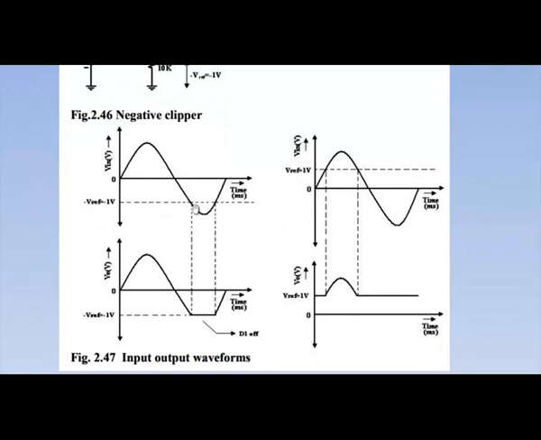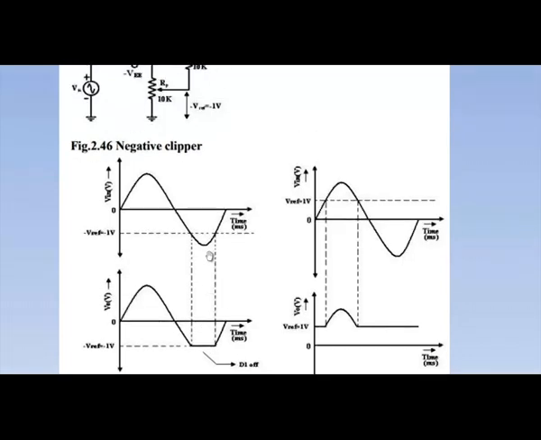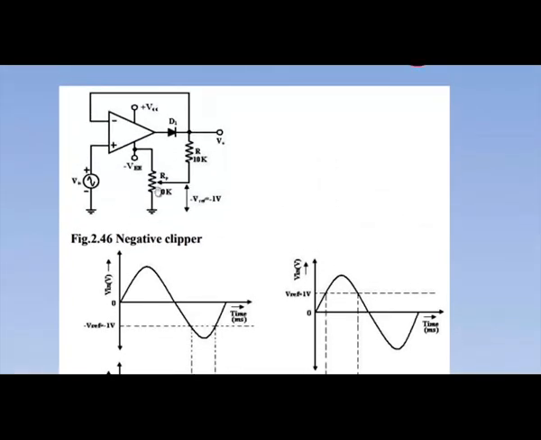If the input voltage is lesser than the reference voltage, that voltage will be clipped away in the output, whatever the reference voltage may be, either positive or negative. If you want to give a positive reference, then you have to take it from the positive supply. If you want to give a negative reference, take it from the negative supply of the operational amplifier.